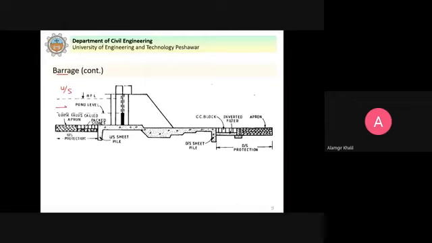This is how the water flows, and this is the downstream side. We will discuss the different components of the barrage in detail later on, that are written here.